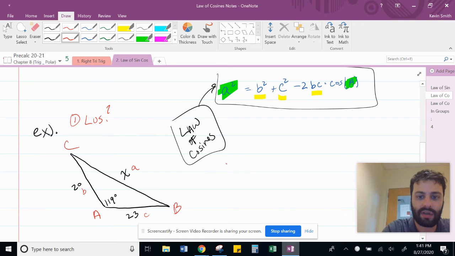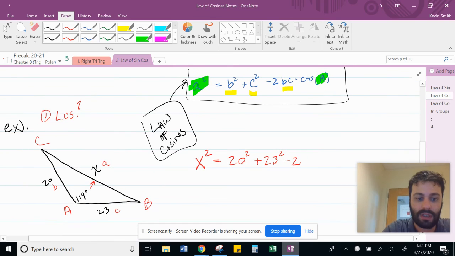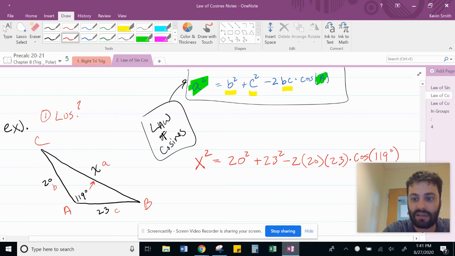So we will write all this out now, and we end up with x squared equals b squared, which is 20 squared, plus c squared, which is 23 squared, minus 2 times b, which is 20, times c, which is 23, times the cosine of 119 degrees.